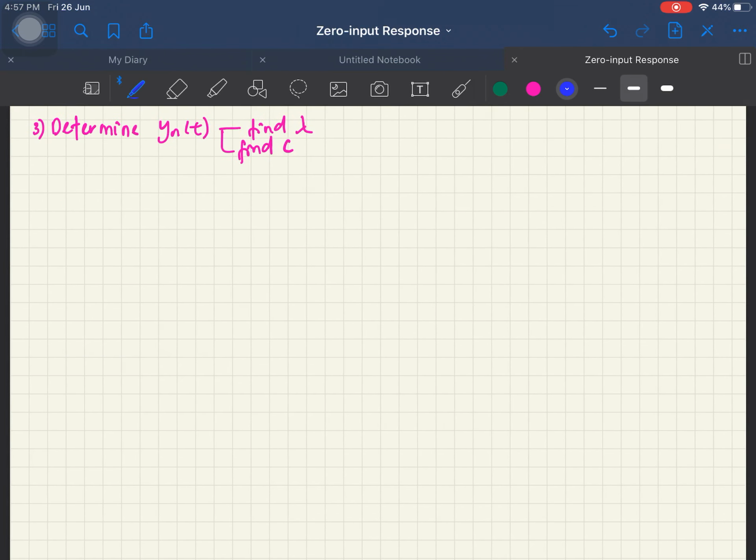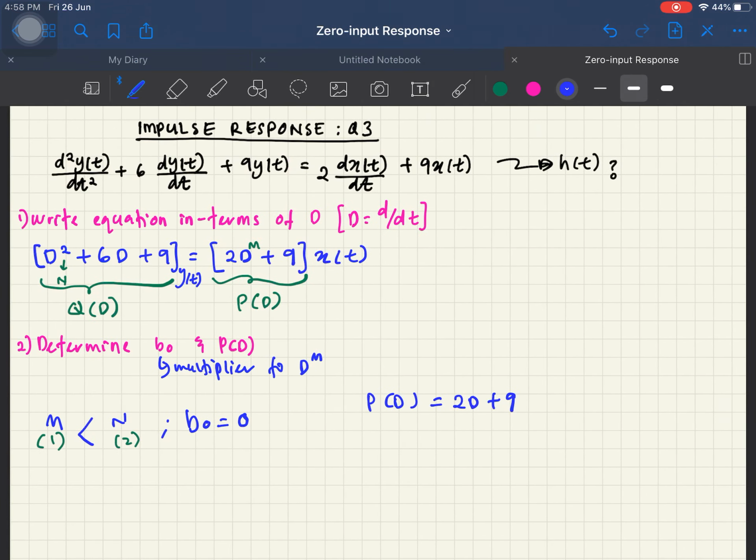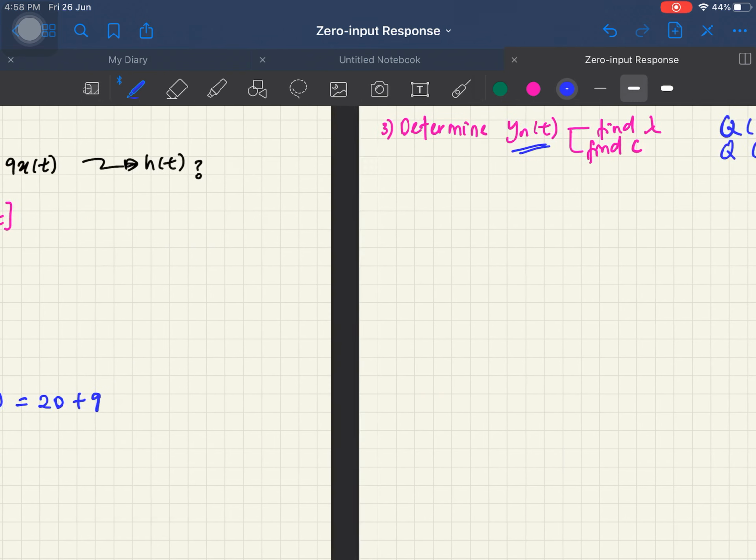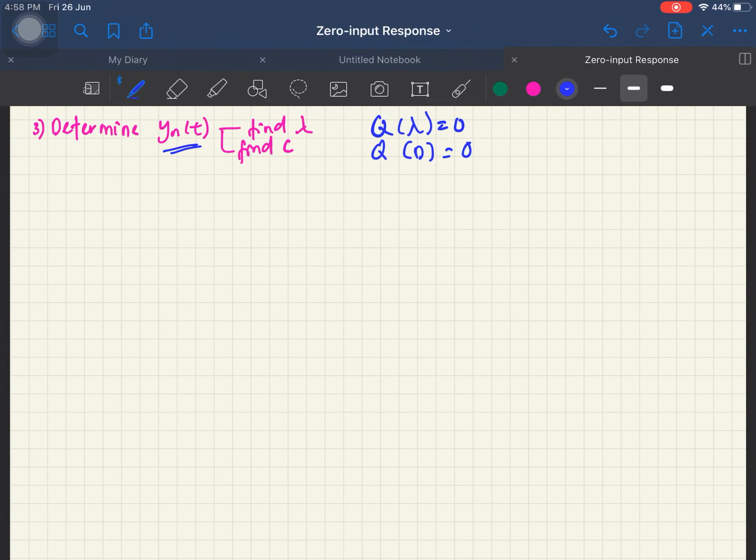Now we have to determine lambda and C in order to determine yn(t). Now lambda is the roots of the characteristic equation Q(lambda) equals 0, which we obtain by substituting D in Q(D) with lambda. So our Q(D) is D squared plus 6D plus 9. So we will have lambda squared plus 6 lambda plus 9 equals 0.